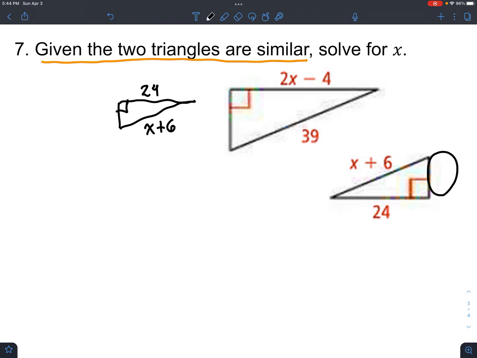And we have this. Just like we just did in the other similar triangle problem, we know that we can set up a ratio or a proportion. So 24 is to 2x minus 4, just as x plus 6 is to 39.